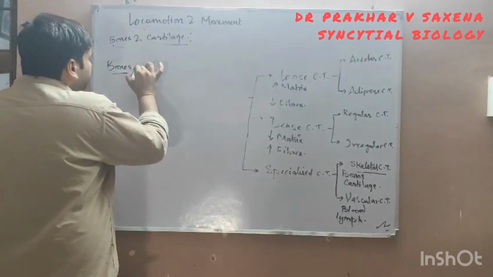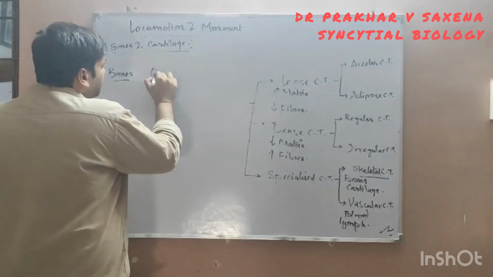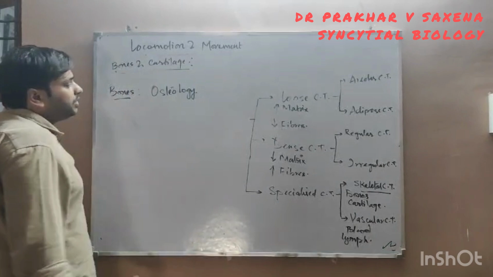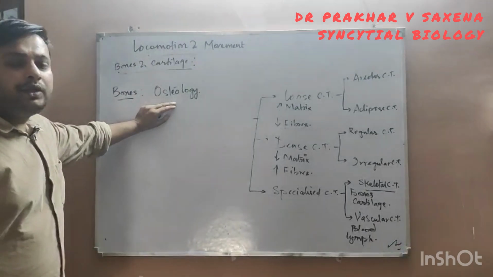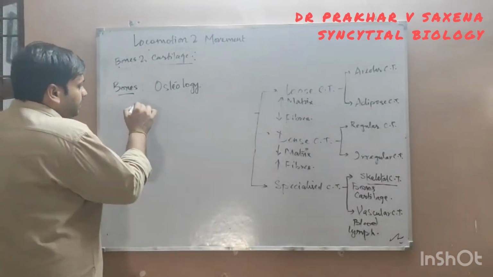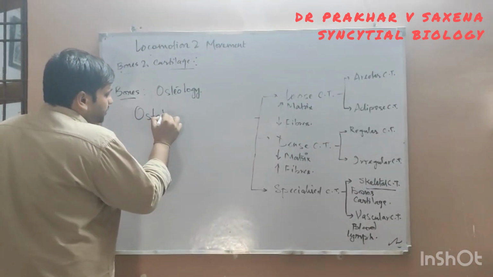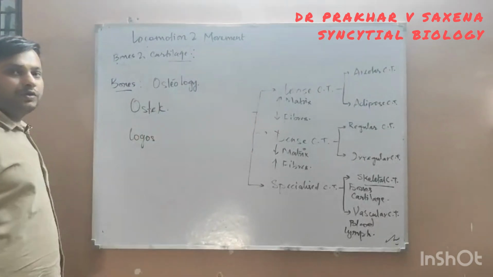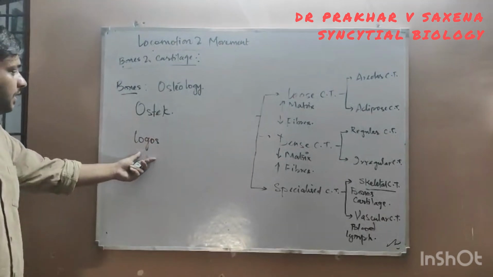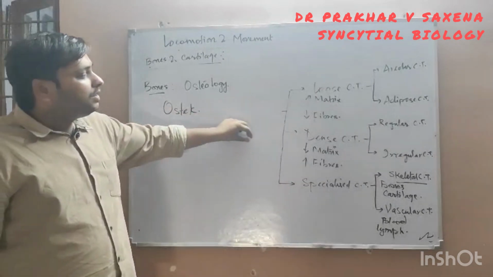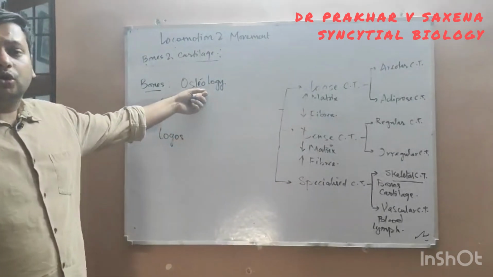Right. So, the study of bones is known as osteology. Now this word is Neo-Latin in origin. It comes from the Greek words osteon and logos. Okay, these are Greek words and they are combined together into Latin and then Neo-Latin to form osteology.